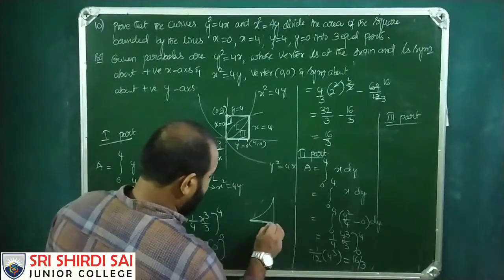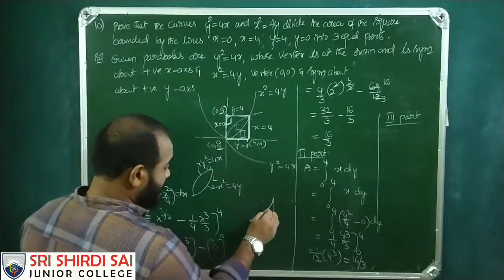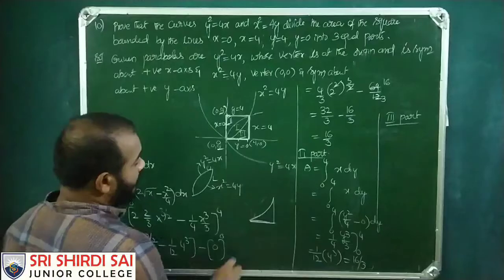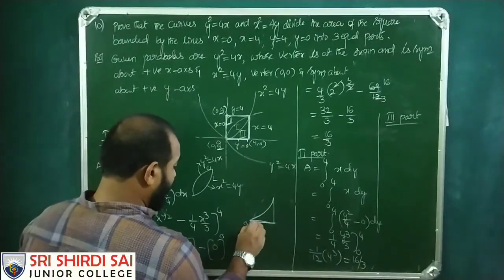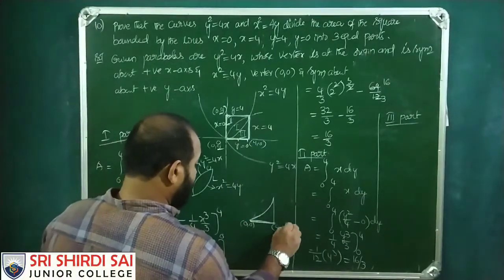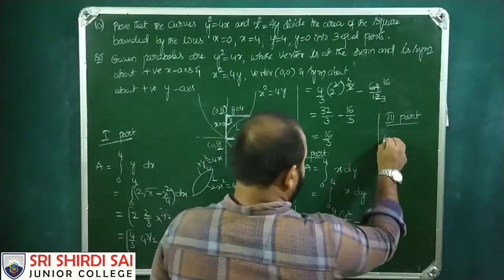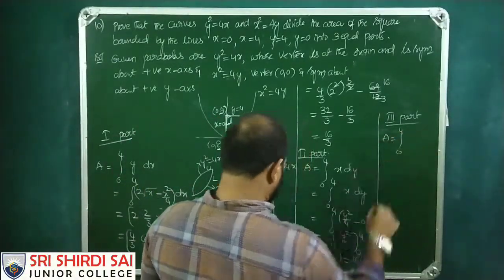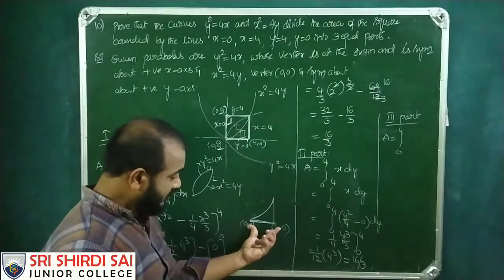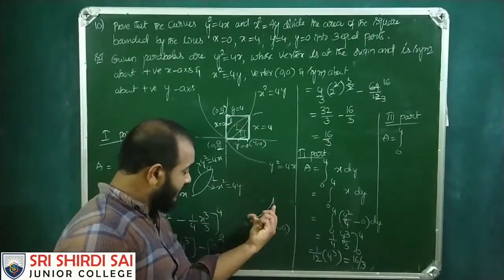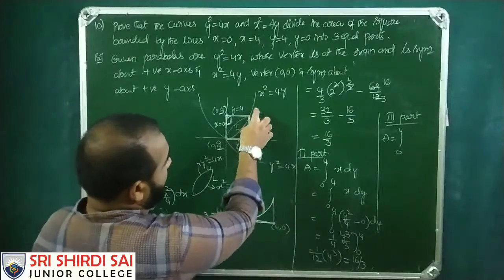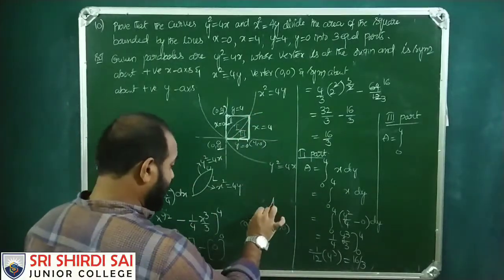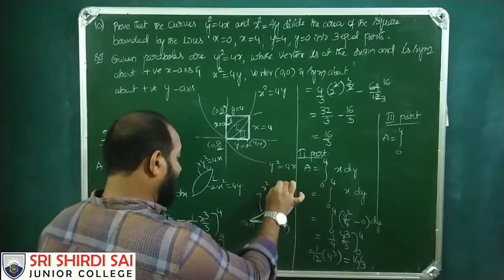From 0 to 4, this is 0 0, this is 4 comma 0. So area is equals to 0 to 4. With respect to the x-axis, the upper curve is this. This is the part of x square equals to 4y.